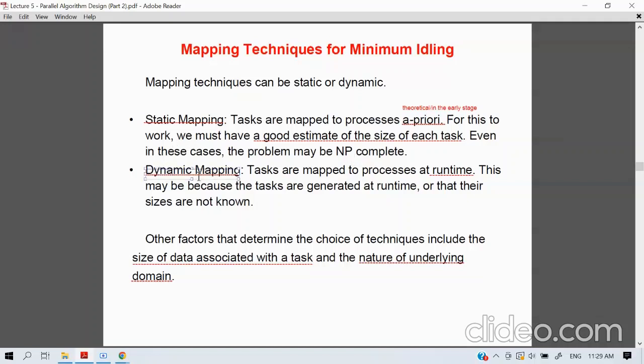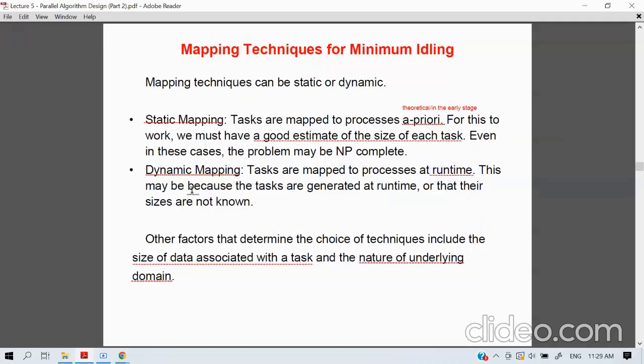The second technique of mapping is called dynamic mapping. So how is the dynamic mapping executed? Tasks are mapped to processes at runtime. Of course, when we talk about dynamic, it is always run during the execution. So in this case, we just assume there is a balance of tasks, so we do the mapping during the run time.